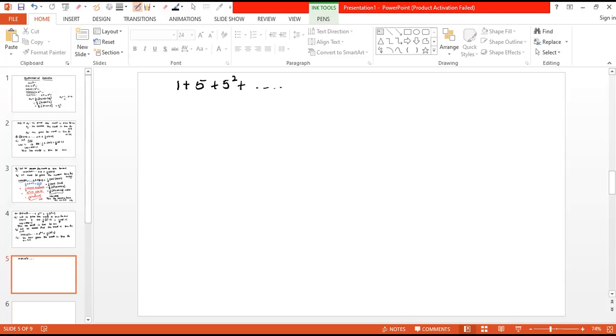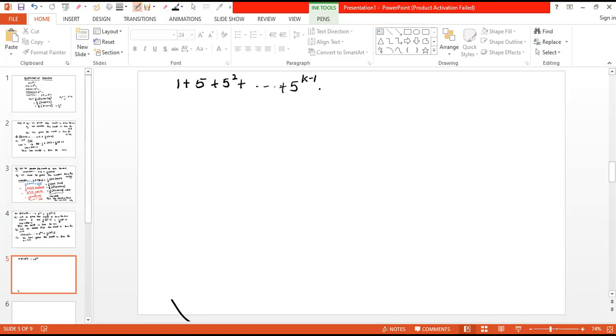First, you will be writing it as 5 to the power k minus 1. And the next term, you have to replace your k by k plus 1, so k plus 1 minus 1. This will be equal to, same thing on the right hand side also, replace your k by k plus 1.